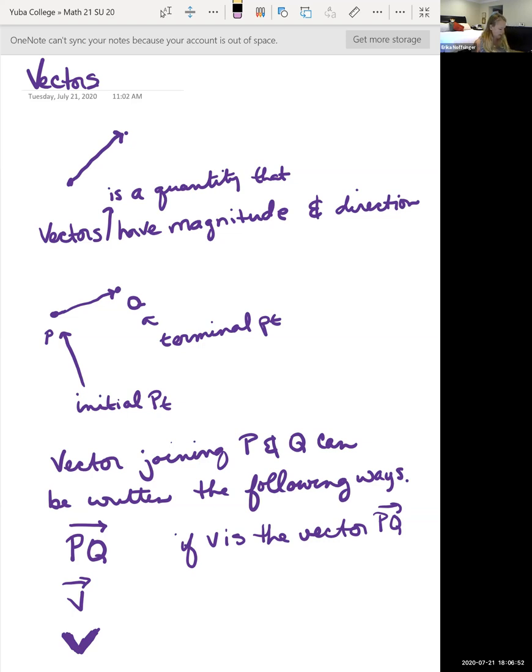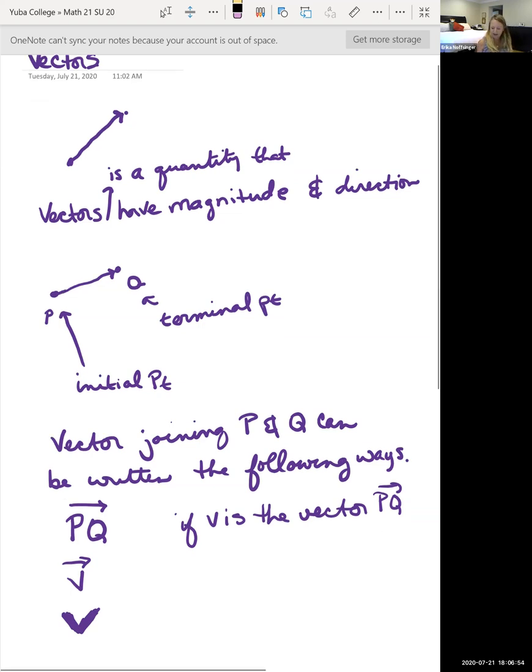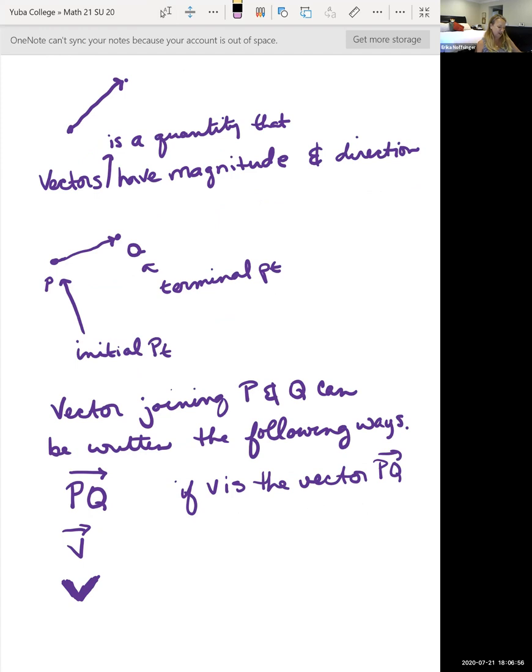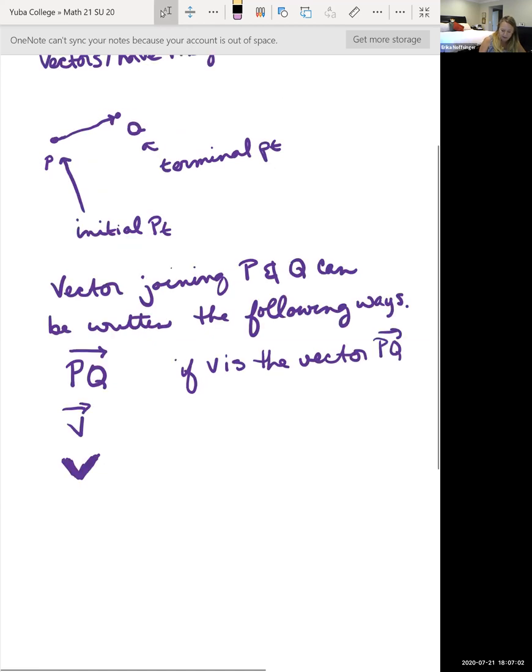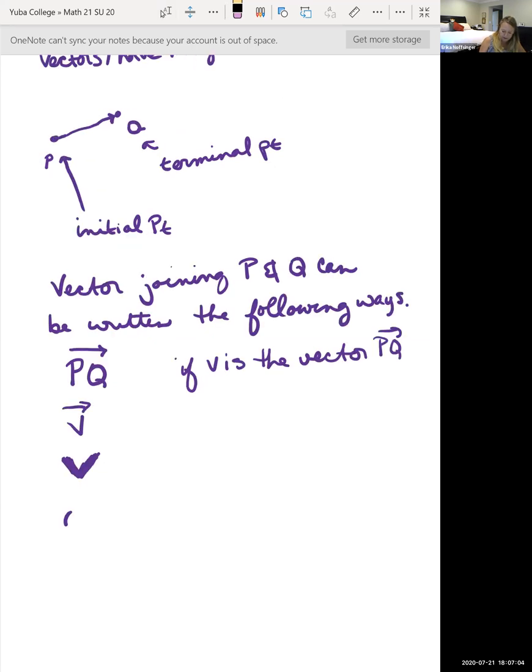But I'm going to have it with an arrow over it, denoting that it's a vector. You can have a zero vector, which you would denote with a 0 and a bar over it.